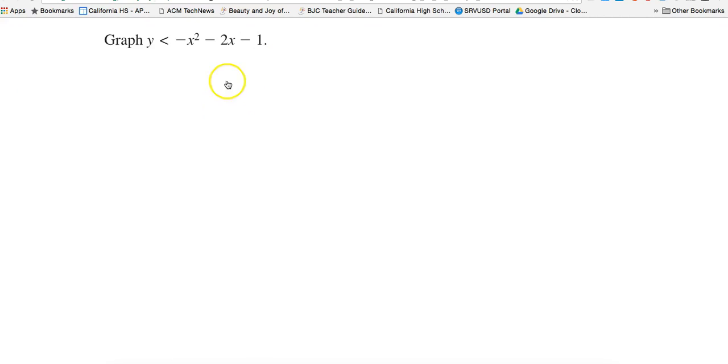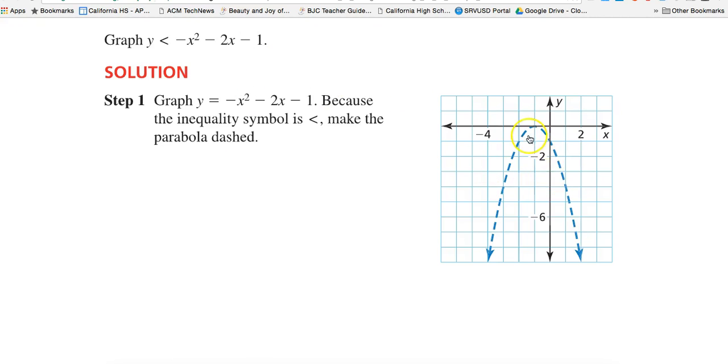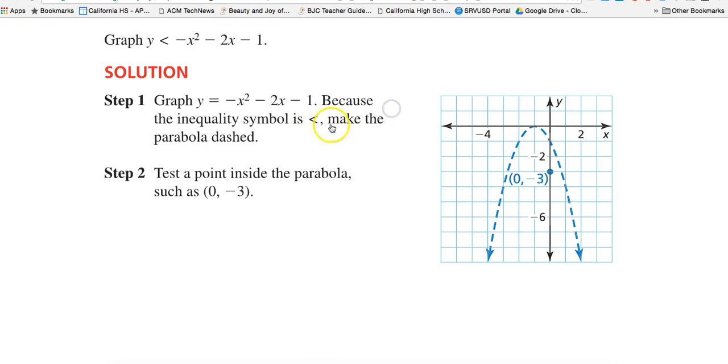If we go back to our equation, we've got the same graph plotted here, but with dashed lines. And because the inequality symbol is less than, in order to make sure that we picked the right area to graph, we can pick a point from the area we're going to shade.